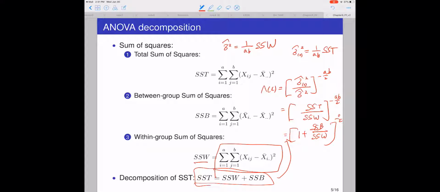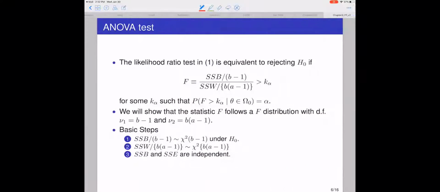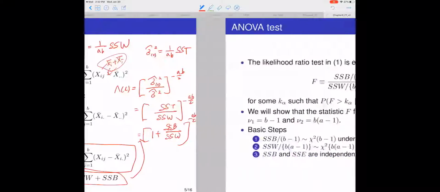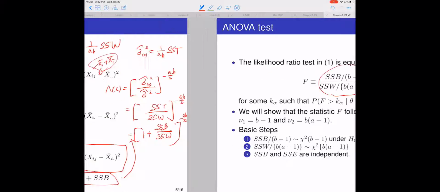Okay. Why do we have this SS decomposition? Because we can always subtract the mean and add the mean, right? So if you include this part and then expand the squares, then you have this decomposition. Okay. So the only thing left is to compute the ratio, finding the sampling distribution of this ratio.